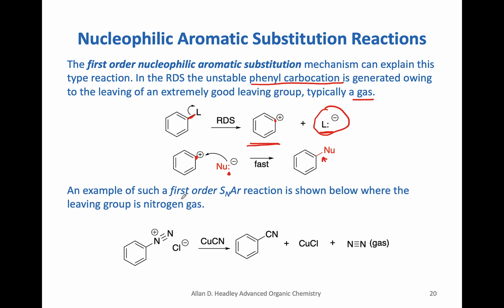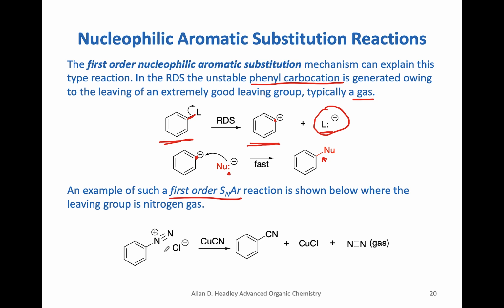Here's a classic example of this type of reaction mechanism. It's called the first order nucleophilic aromatic substitution. Why first order? Because in the rate determining step, only one molecule is required or is used up. Here's the diazonium salt, the benzene diazonium salt.